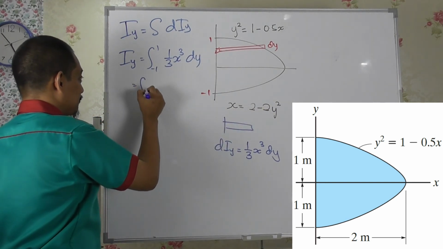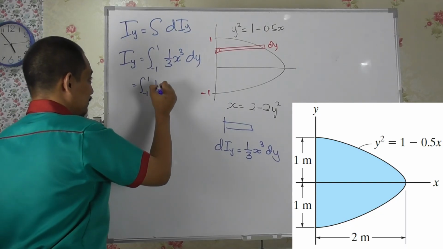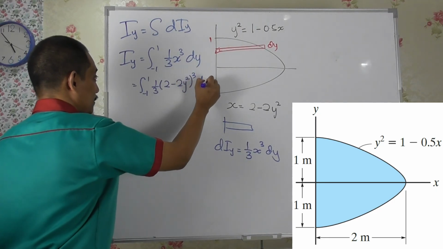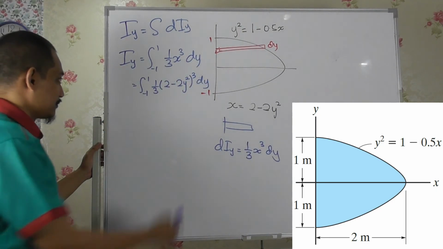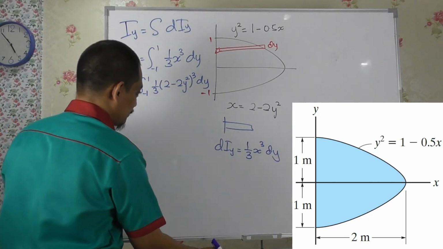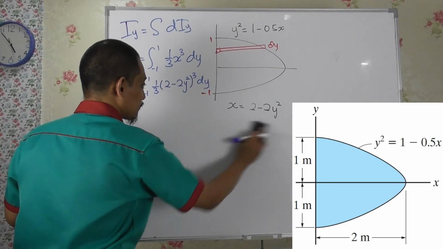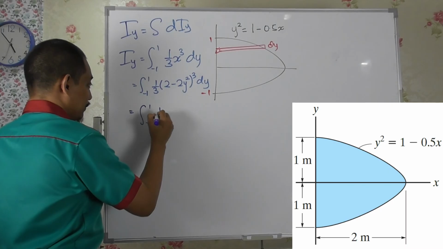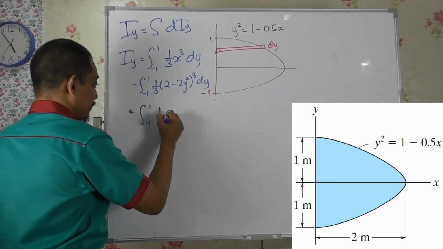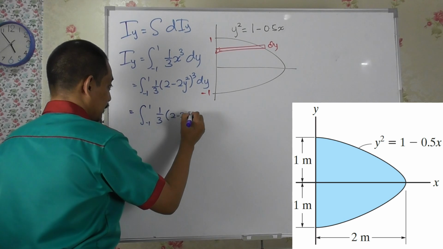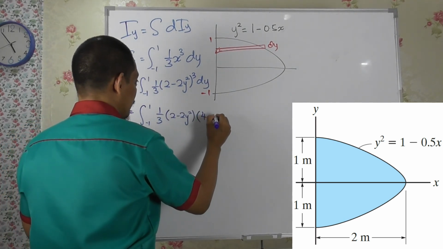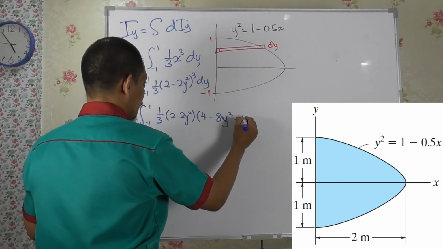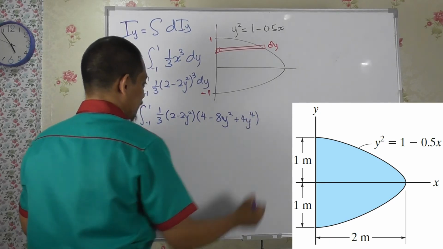So now you have to expand this one here, right? So I need the space, so I'll erase this one. Okay, so with this -1 to 1, 1 over 3 is outside, so we'll have basically 2 minus 2y square, and then here becomes 4 minus 8y square plus 4y to the power of 4, right?